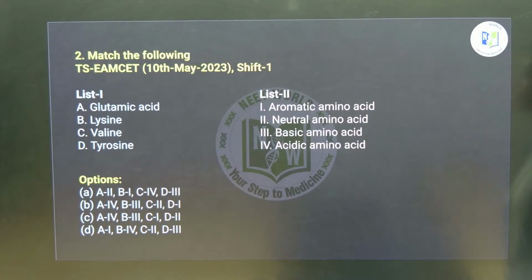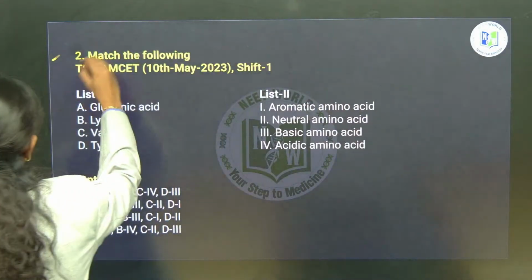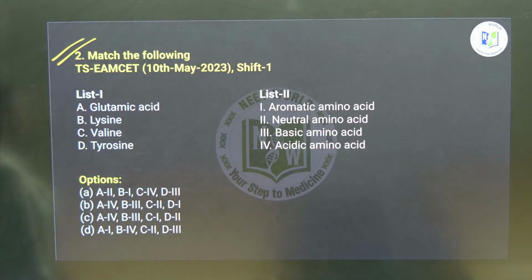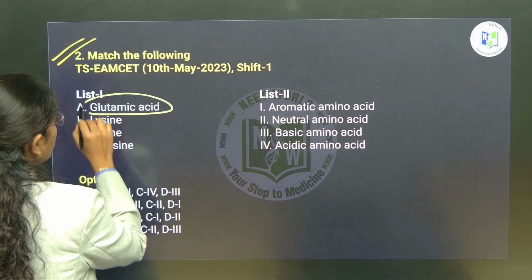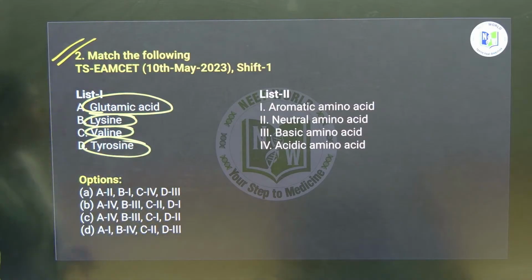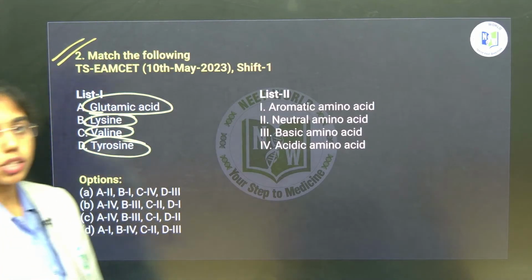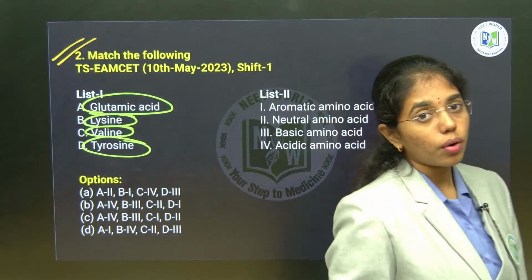Match the following type of question. See and answer it carefully. Glutamic acid first. It is on types of amino acids. If you recall, we have essential, non-essential amino acids. In total 20 amino acids we have discussed.